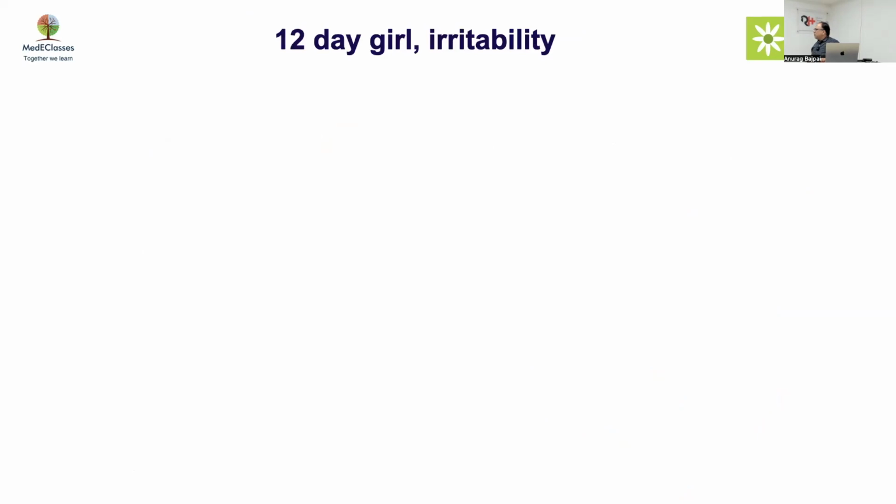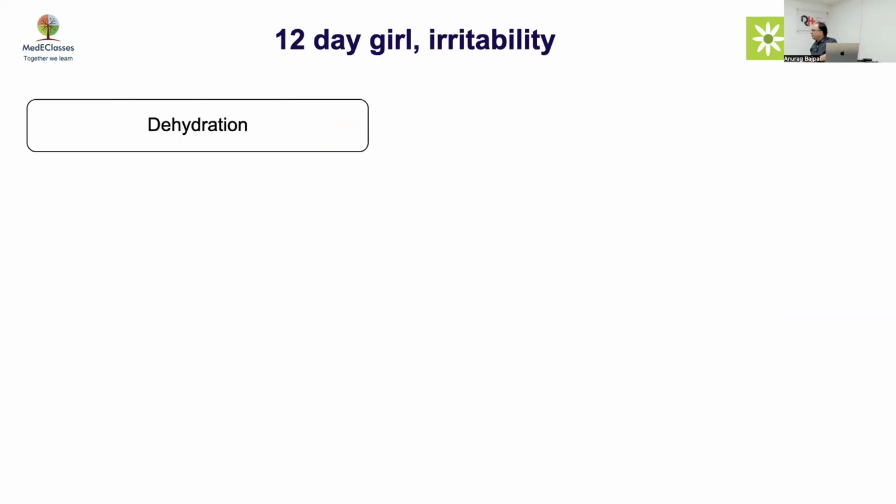So, a 12-day-old girl, Richa, with irritability and dehydration. If you have a sick child who has dehydration and polyuria, what are the things you will think of? Somebody who is dehydrated should have low urine output, but if the urine output is more, what does it mean?